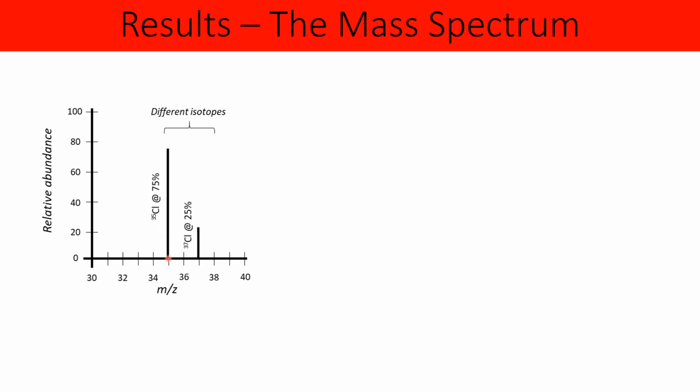So the detector's got a timer on it, and it knows, based on a certain kinetic energy, the time at which the ions hit the detector, what it should call their m/z value. So m/z value is based off of time, basically. And we've got the abundance here at 75%. Well, that's based off of the current picked up on the detector, based on how many ions were discharged, how big the movement of electrons was, how big that current was.